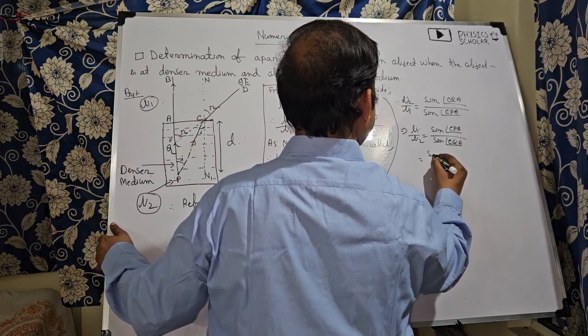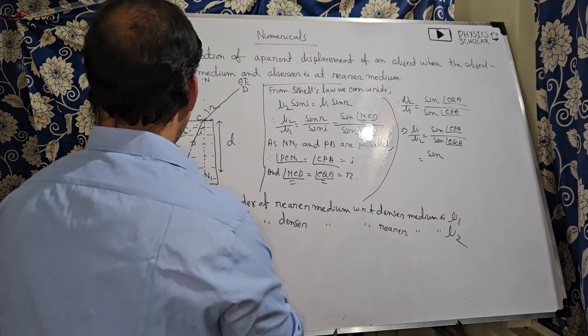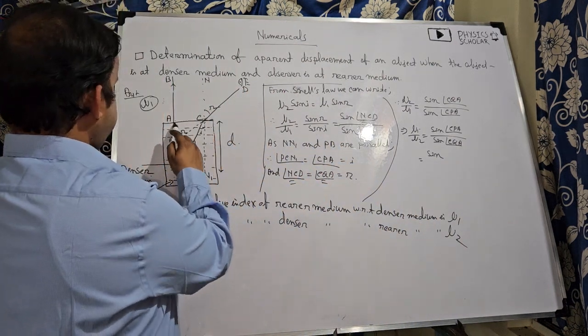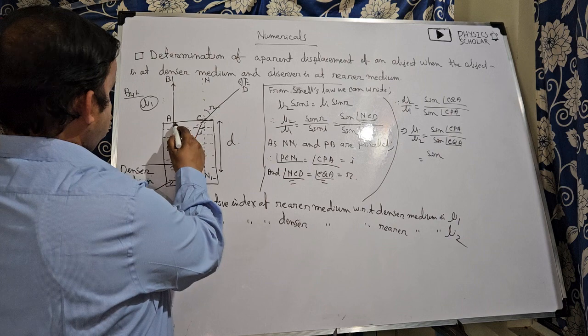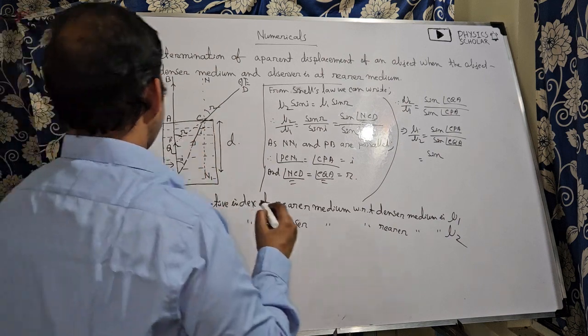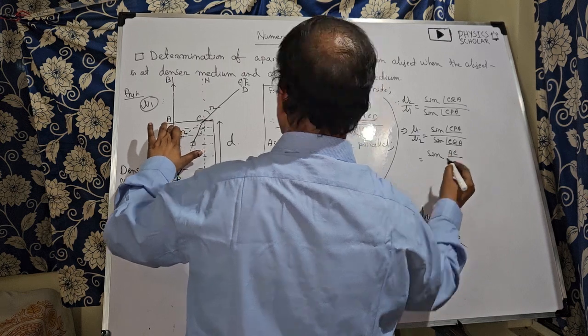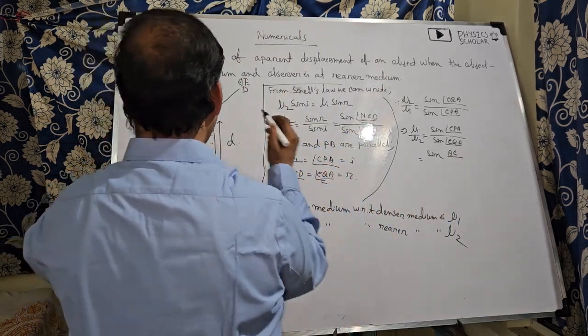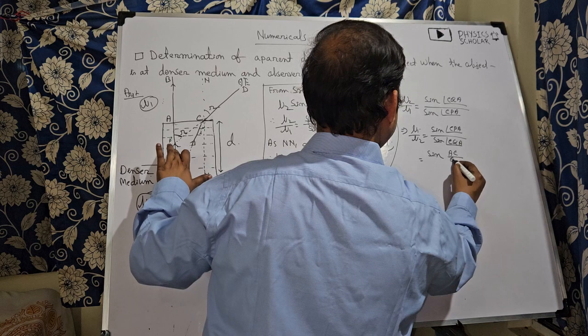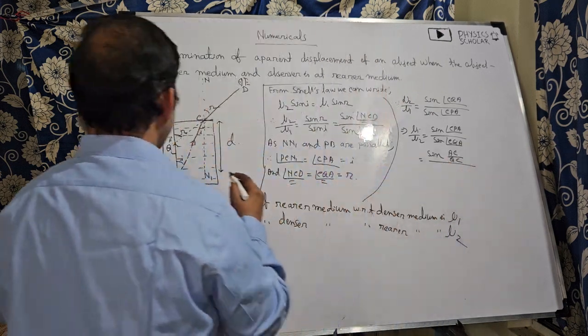So sine CPA means what? Sine CPA, this angle: perpendicular by hypotenuse. Perpendicular means AC, by hypotenuse means CP, divided by sine CQA.